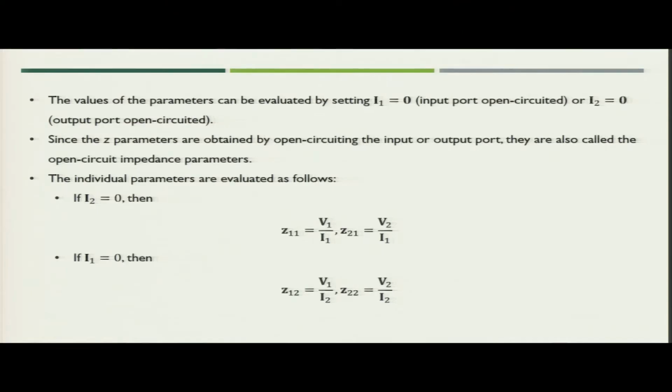Now, how will you calculate the value of the parameters? The value of the parameters can be calculated by setting either current I1 equal to 0 or current I2 equal to 0. That means first you will make the input port open circuit, meaning I1 is equal to 0, or the output port open circuited, meaning I2 equal to 0.